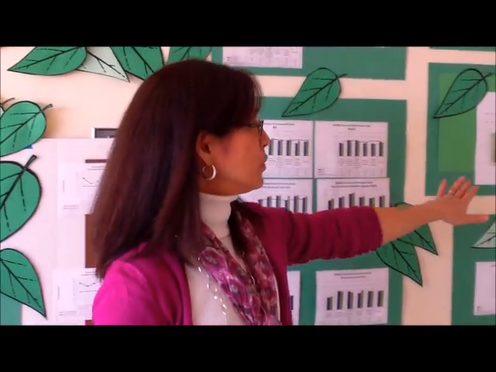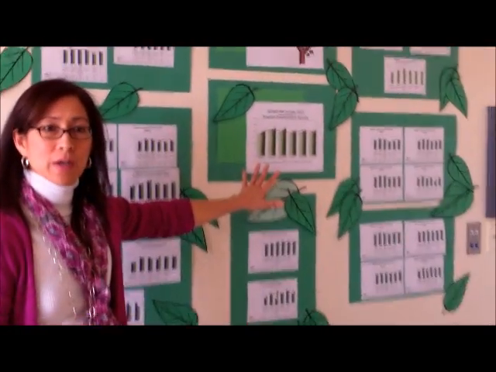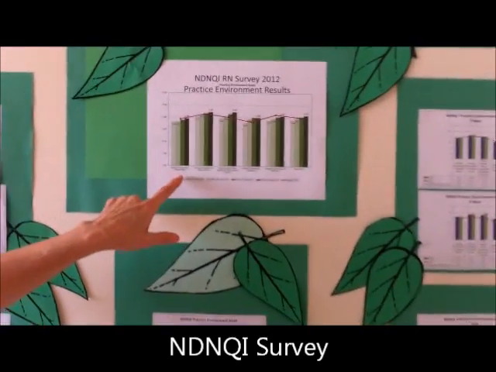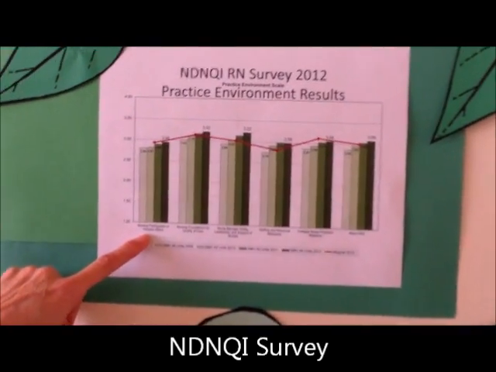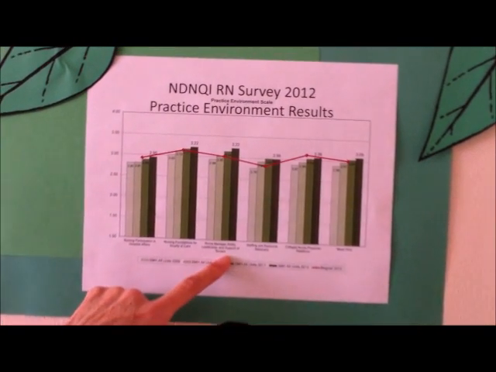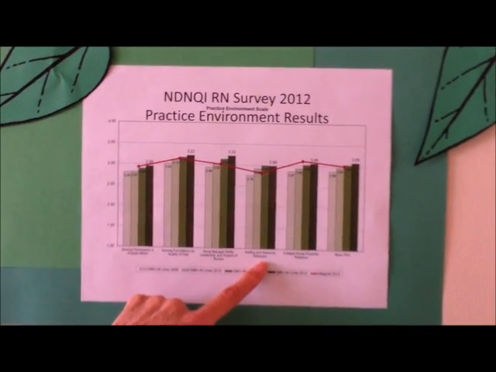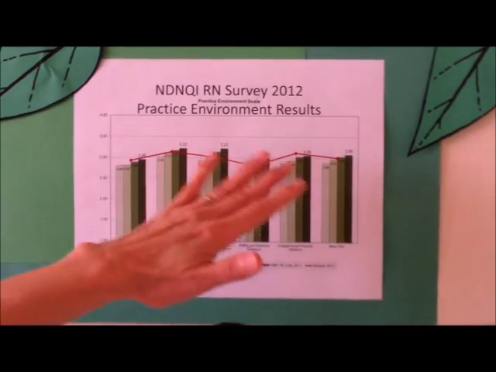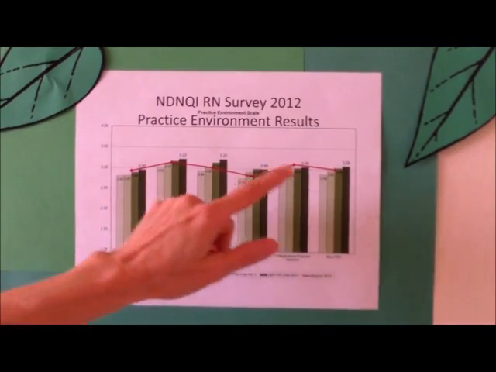All those questions lead to 5 categories of your perceptions, how you feel around 5 categories. These categories are participation in hospital affairs, quality of care, nurse manager ability, staffing and resource adequacy, and physician-nurse relations. And we've been doing really well in comparison to the benchmark.